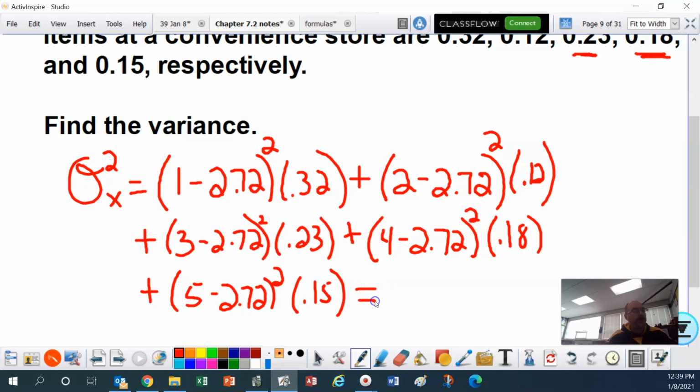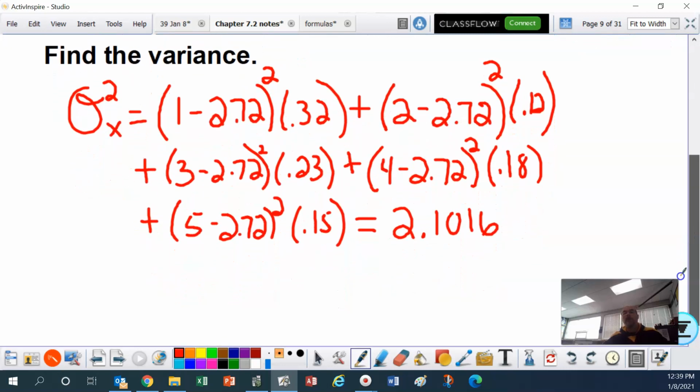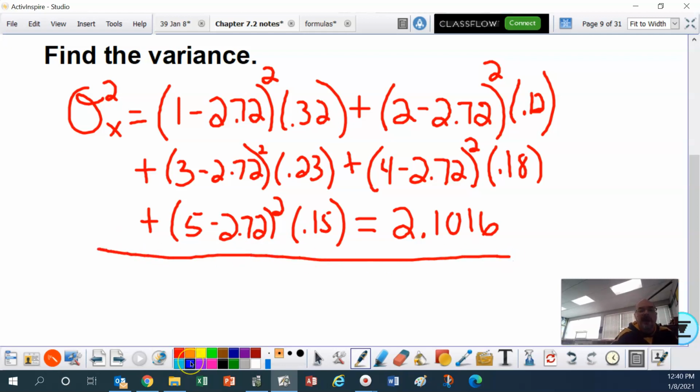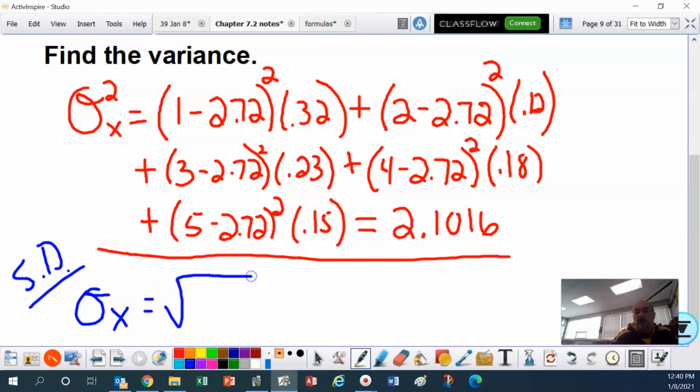And so what we end up with here, ladies and gentlemen, is 2.1016. Okay, that's the variance. So if I go one step further, ladies and gentlemen, and I find the standard deviation, I simply take the square root of that variance.